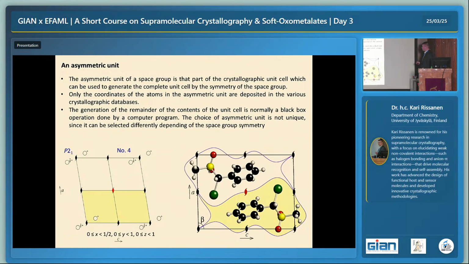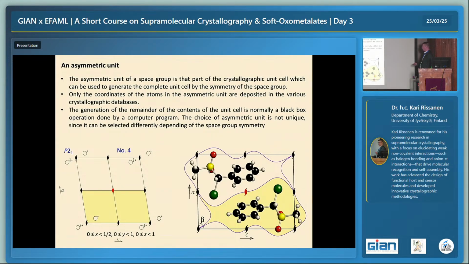And now there are only 2 molecules in the unit cell, so we would have 2 coordinate sets, the coordinates for this and the coordinates for that. But because we know this symmetry operation, the P21, we don't need the coordinates of this one. We need to know only this part.